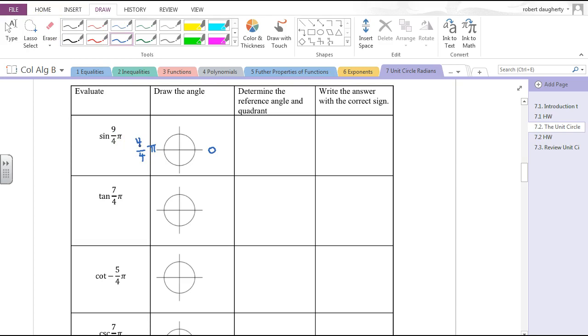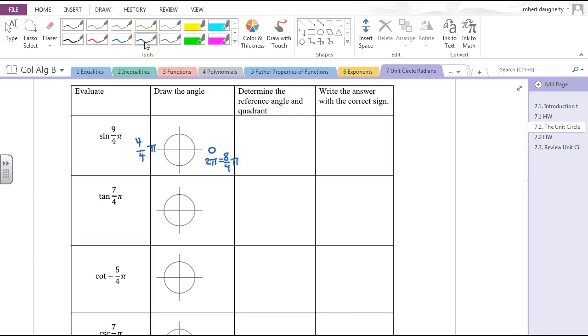That's 4 over 4. And if I get all the way around 1 revolution, 2 pi, that is the same thing as 8 over 4 pi. Now the way this helps me is, where is 9/4 pi? Is it closer to 4/4 pi, or is it closer to 8/4? Well, you know that 9/4 is 1/4 beyond 8/4.